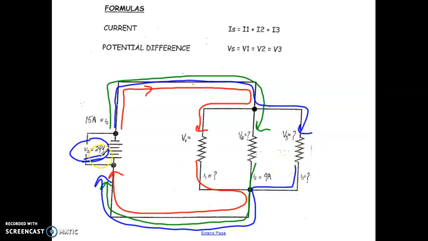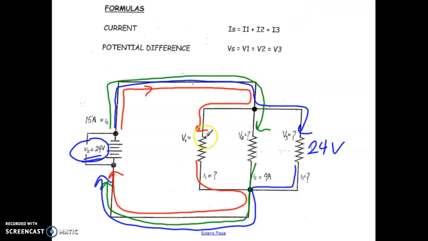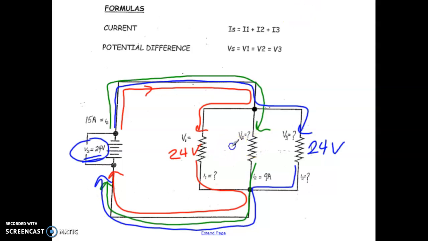The blue electrons are spending all 24 on the blue pathway, right? The electrons on the red pathway are spending all 24 volts on this red load because there's only one there. And then the green is spending their 24 volts at the green pathway load.